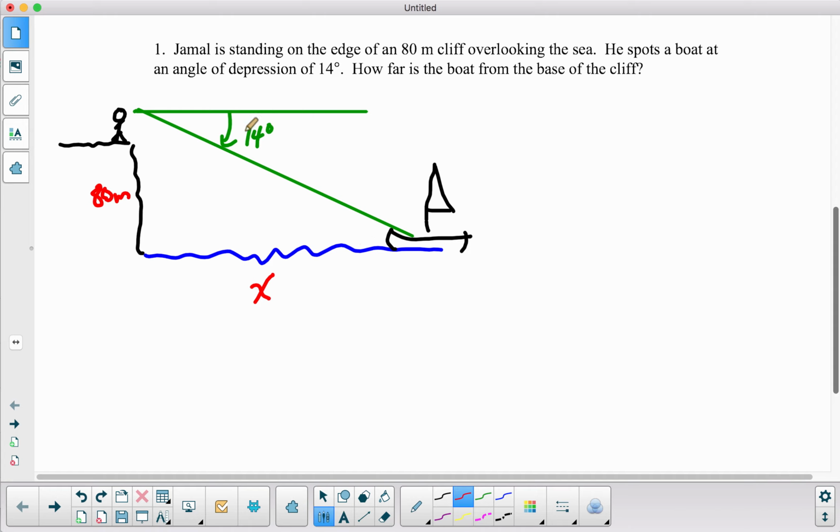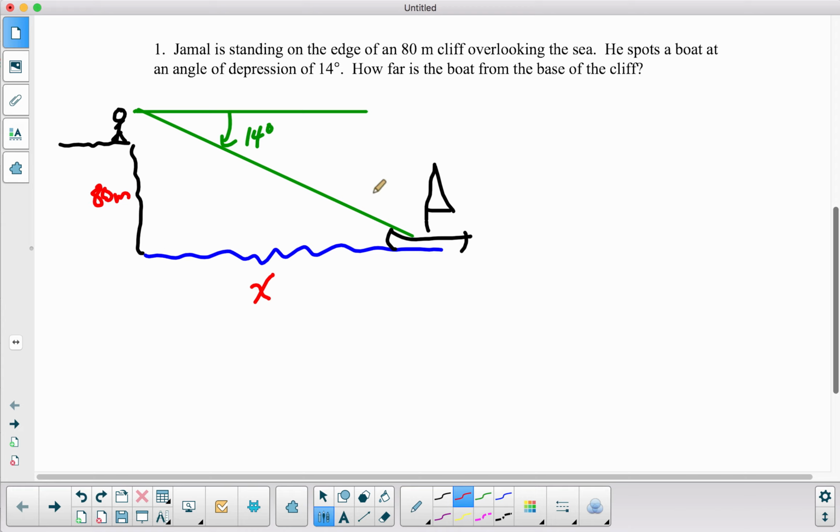So how does this 14 degrees help us? Well, we could subtract 14 from 90 and get this interior angle of the triangle. That's one option. We could extend this green line and make another green triangle where this vertical side would be the same length as this vertical side here. We could do that. One option that is really simple that I like is, if you remember from the parallel line theorem of last year, that we have a Z pattern.